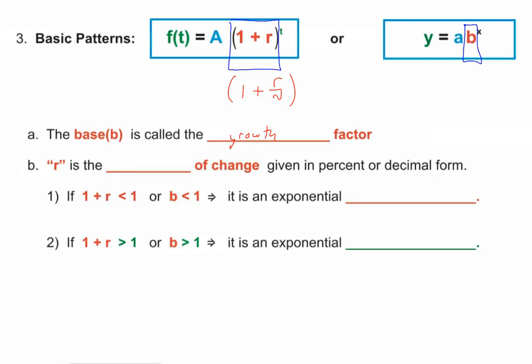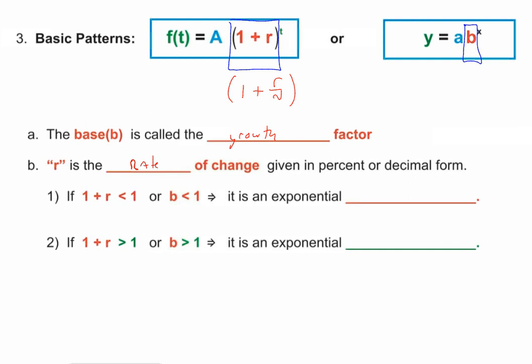And then r, that's the pirate r, is simply the rate of change. And oftentimes that's given in percent form. Could be a percentage rate, all of those different situations.